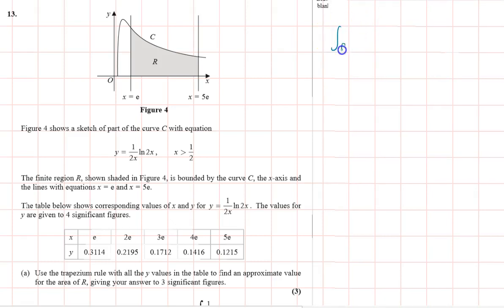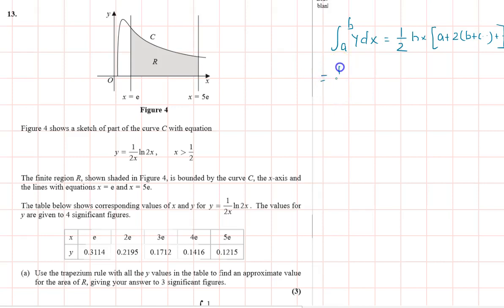Now integral a to b y dx is equal to half h multiply (a plus 2 b plus c and so on, plus the last value).